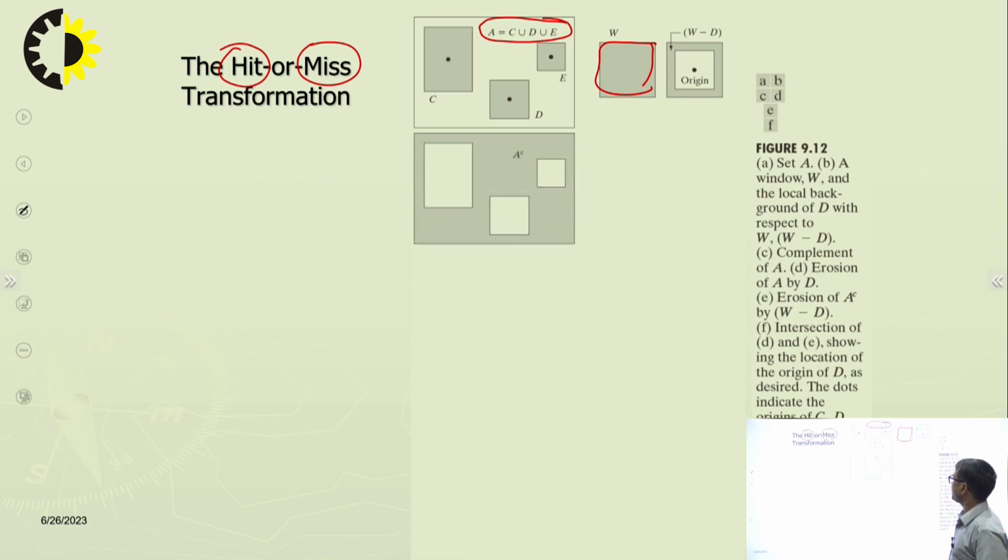If we see, we can find the A complement, the rest of A, the opposite of A.